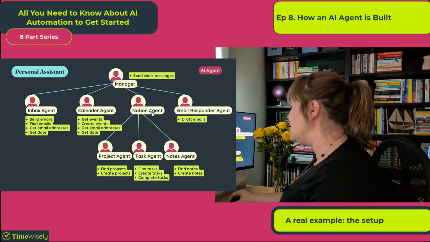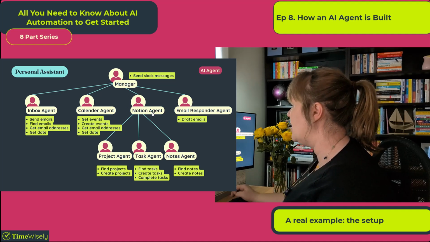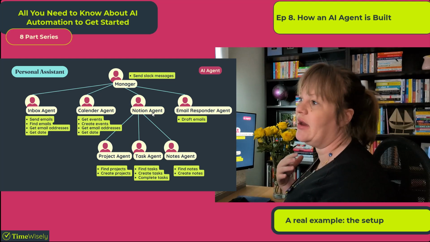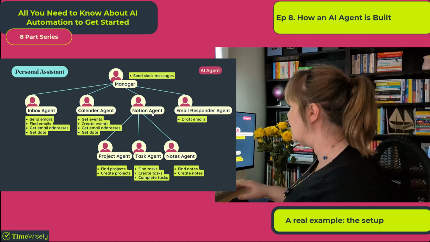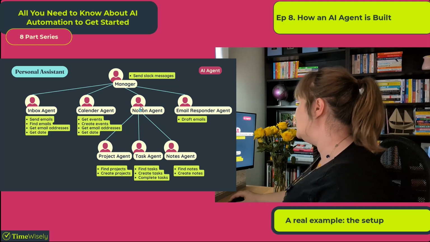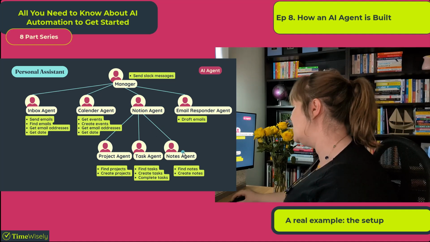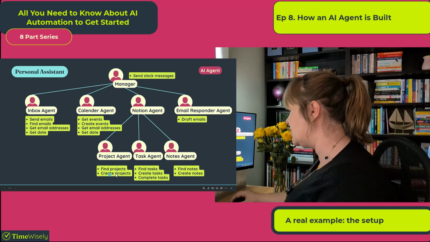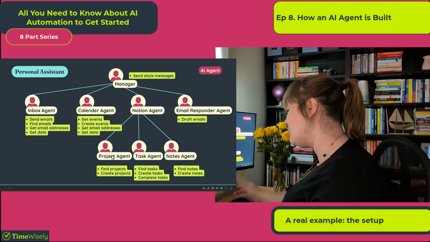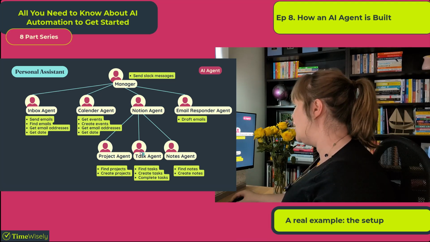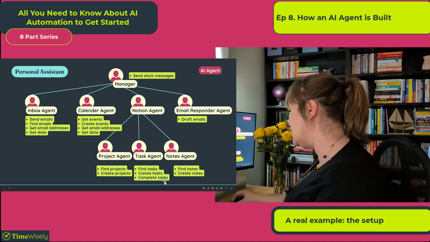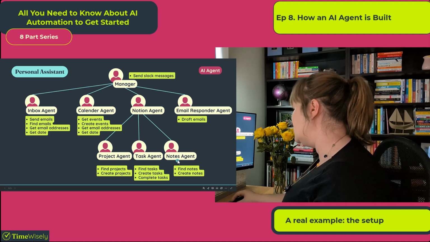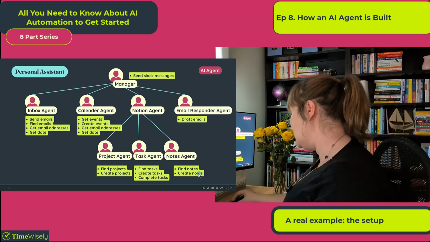Then I have a Notion agent. Notion is what I use for project management, task management, and notes management. And actually that agent has some sub-agents. There's a project agent that can find projects and create projects. I then have a task agent that can find tasks, create tasks or complete tasks, and a notes agent that can find notes or create notes.